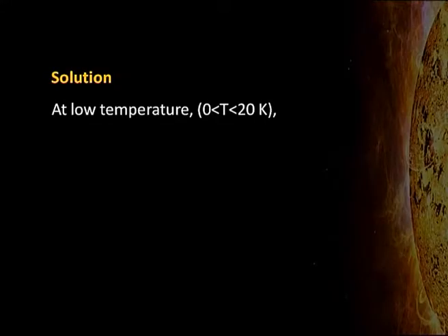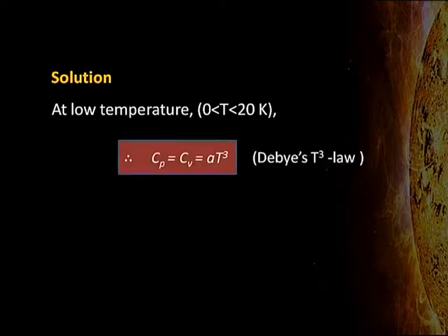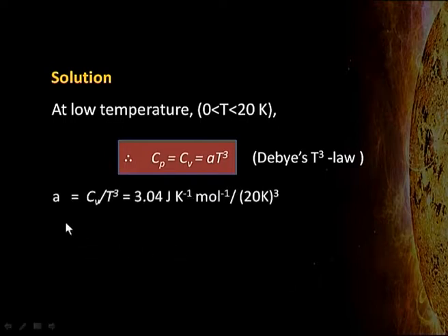We know that by Debye's T cube law, at low temperature between 0 to 20 Kelvin, Cp is equal to Cv and it is equal to A T cube. Therefore, A will be equal to Cv divided by T cube.